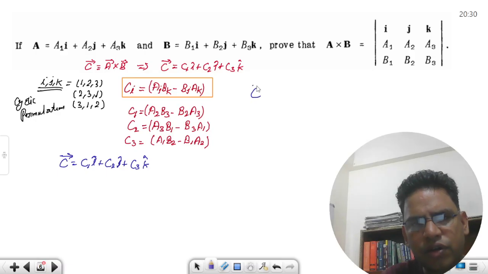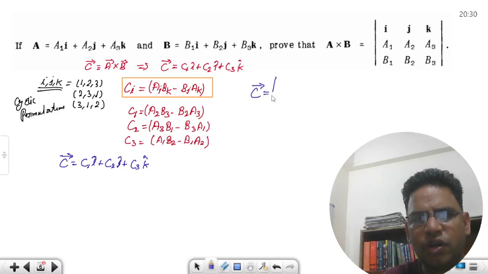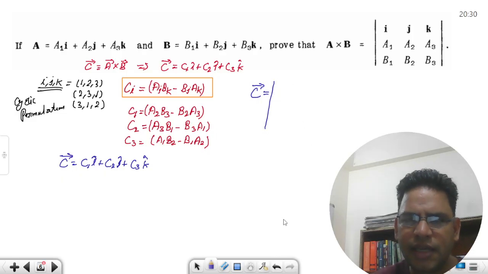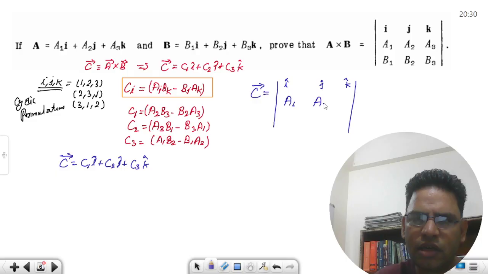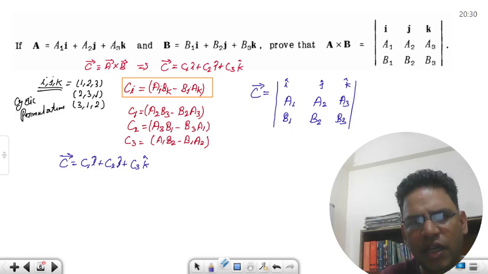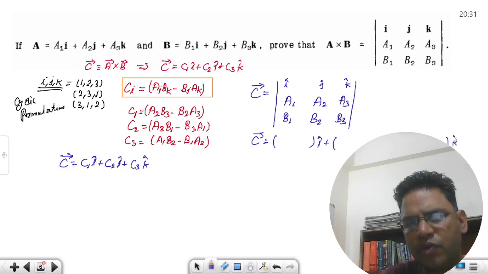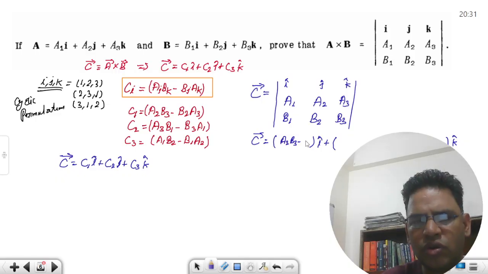And if you want to calculate this C vector, you can easily put i cap, j cap, k cap, then A1 A2 A3, B1 B2 B3, and if you expand it as a determinant, you are going to get the same result. This is the C vector: this is i cap, this is j cap, and finally k cap. What is it? A2 B3 minus B2 A3, same.